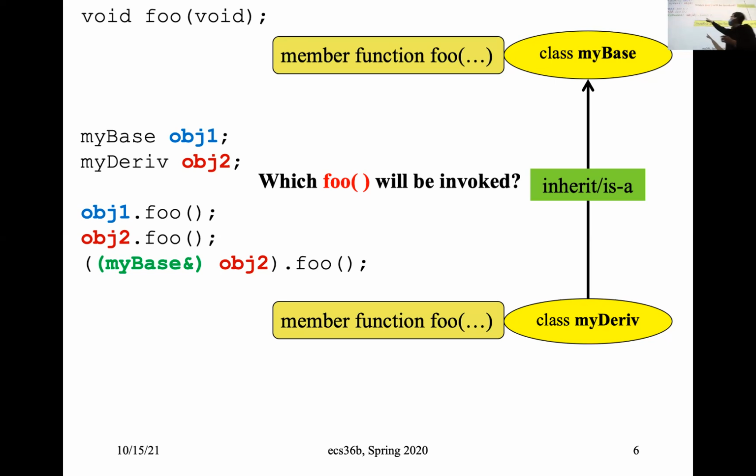And therefore, because object 2 at that moment, with that casting, believes that he is a base, when you ask him to do a foo, it's going to be base. So essentially this shows how you use casting to change the behavior. But the more important thing to understand is that which function I'm going to call really depends on the type after all the casting, before you make the call. It's simply the class type or object type that determines its behavior.